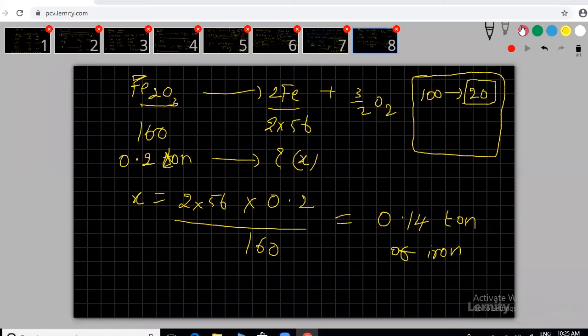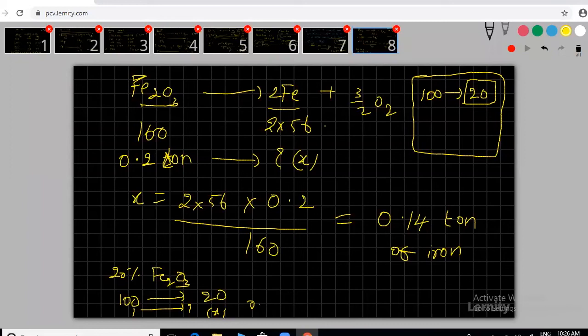Please find your mistake. This basic equation: 160 grams if you are heating, I will get 2 into 56. But in the question they gave only 20% Fe2O3 is present. Means if I am taking 100 ton, I will get 20 tons. If 1 ton, how much will I get? What is the weight of Fe2O3?